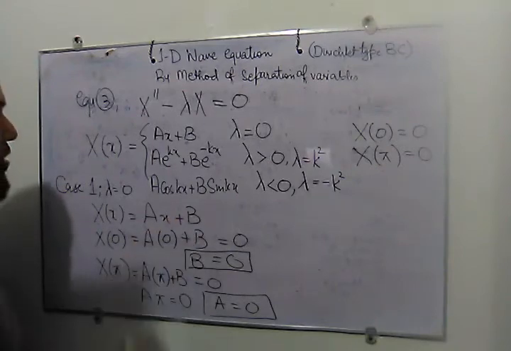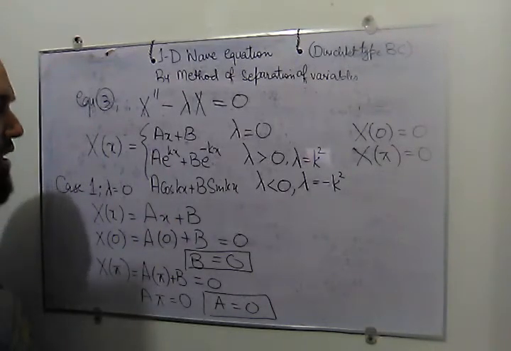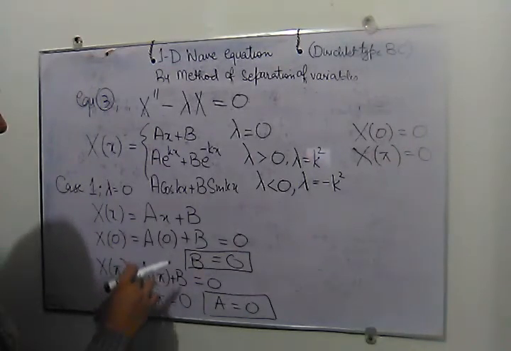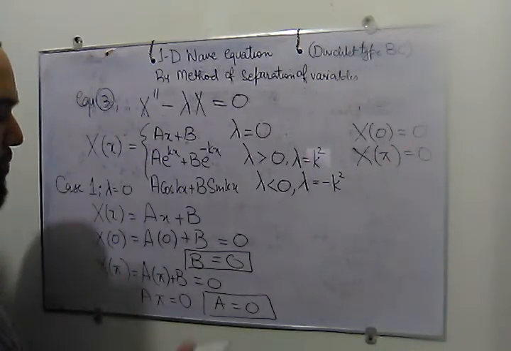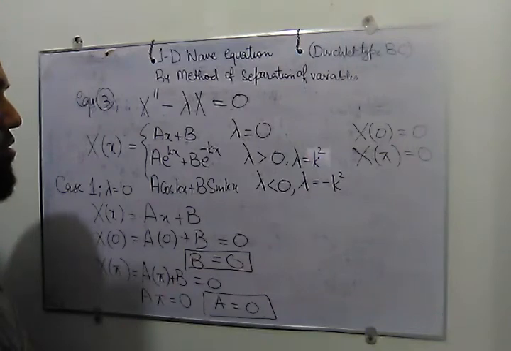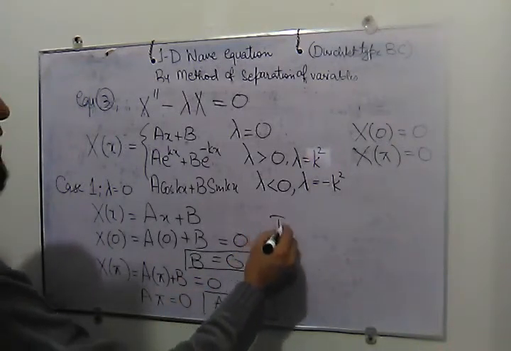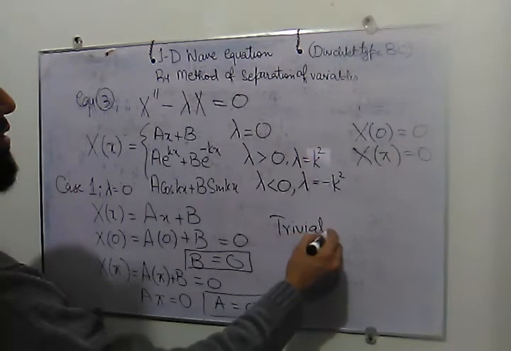If both coefficients of the solution are 0, it is a trivial solution, and by using this solution we cannot go further to get any kind of information about the vibration of the string. Therefore we say that lambda equal to 0 gives us the trivial solution.